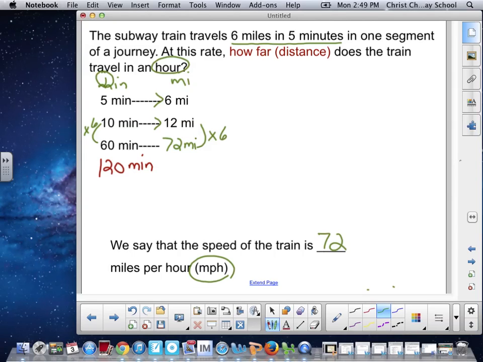Go ahead and pause the video and figure out how many miles they would go in 120 minutes. If you haven't paused, go ahead and pause now.